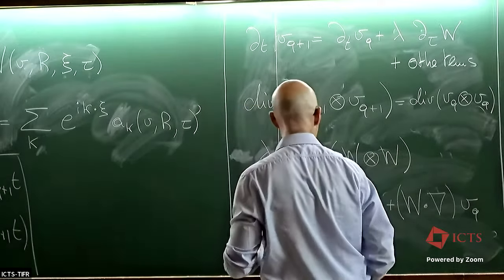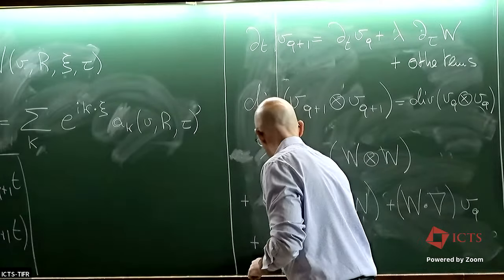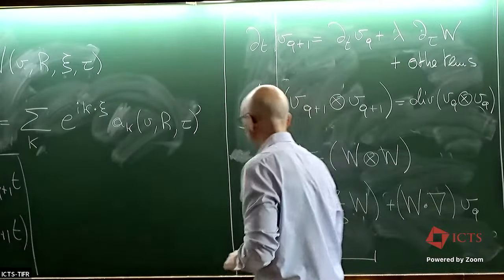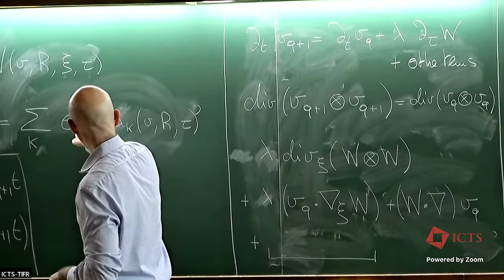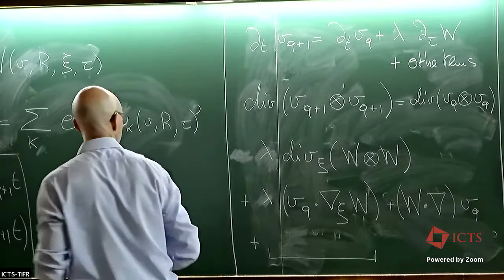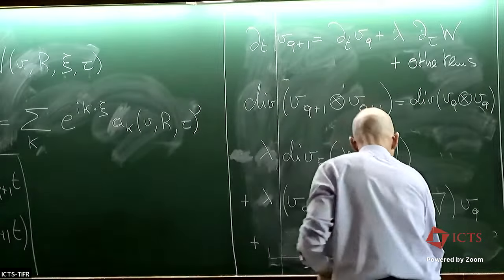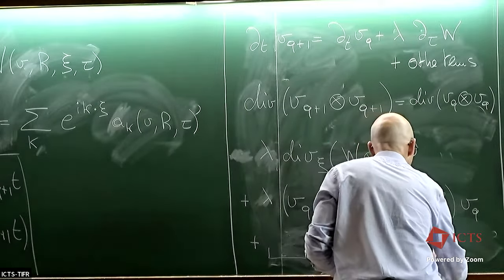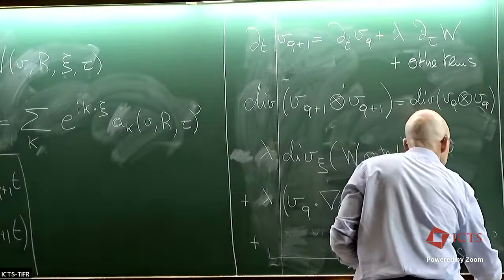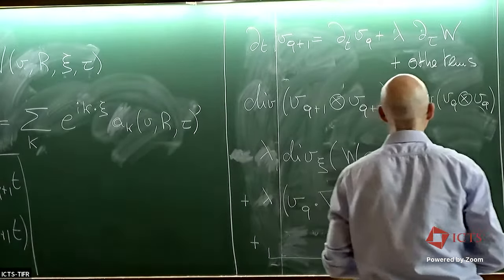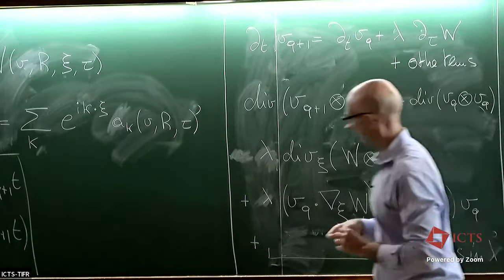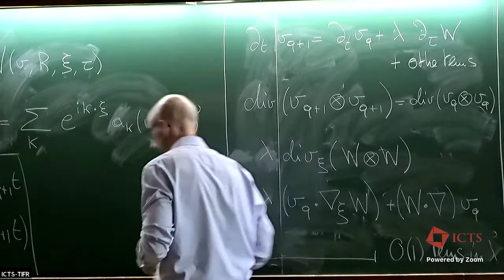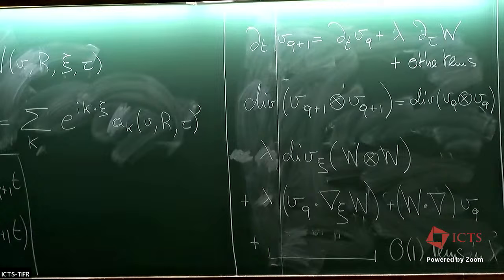So let me just say that we have, when the derivatives are not falling on this guy, but they are falling on that guy, okay? So order 1 terms in lambda. Okay, and then I have something for the pressure too. Okay, that I don't want to write. So I have something for the pressure too.